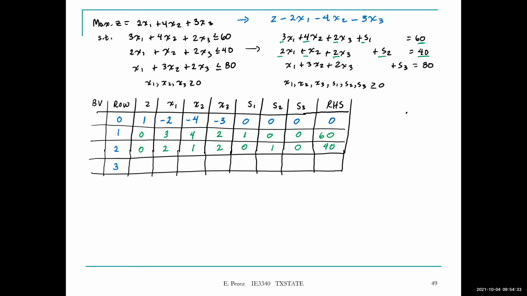And then the same process for the third constraint. Coefficients 0, 1, 3, 2, 0, 0, 1, and 8.